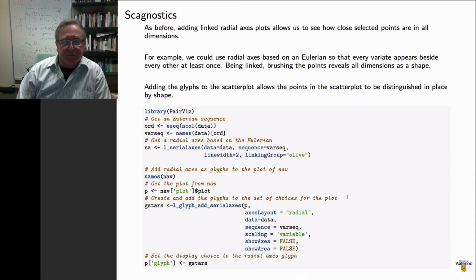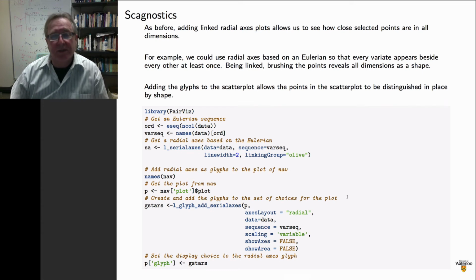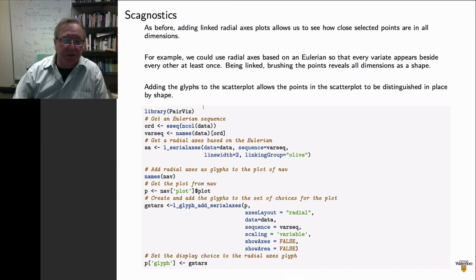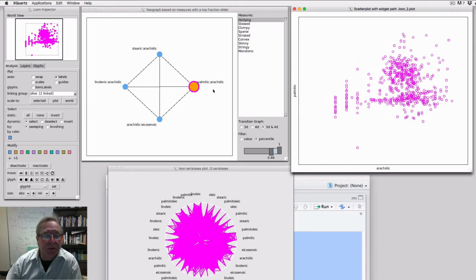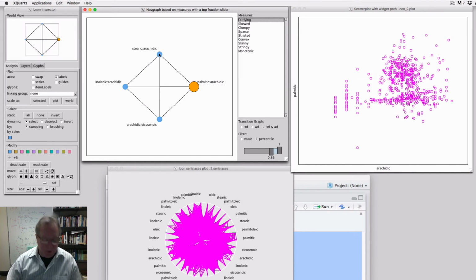So as before, we could add linked radial axis plots to the scatter plots, so that we can see all of the dimensions at once. And we'll just do this here. So let's see if I can find an interesting view here.